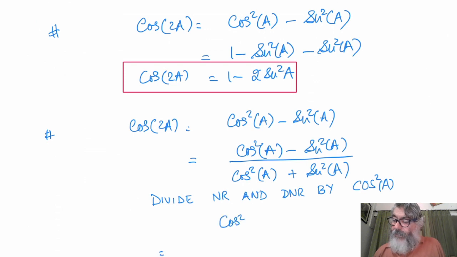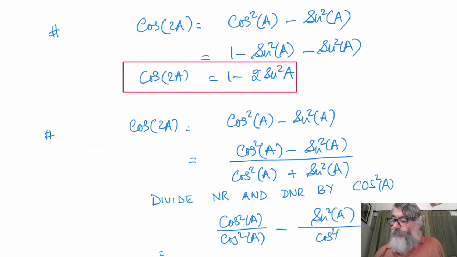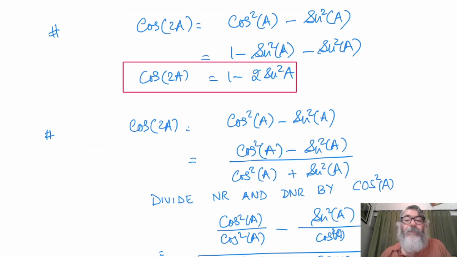Cos square A upon cos square A minus sin square A upon cos square A, and again in the denominator cos square A by cos square A plus sin square A upon cos square A. You will just see what is the benefit of doing this.